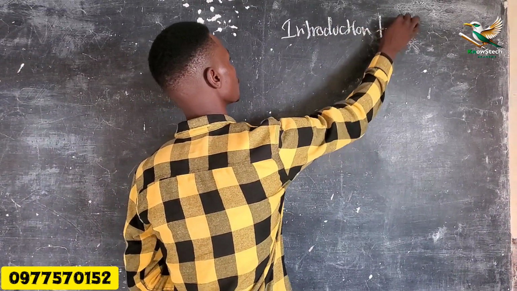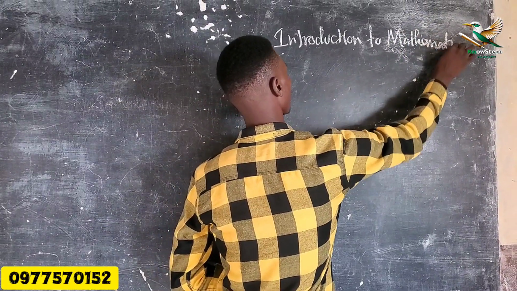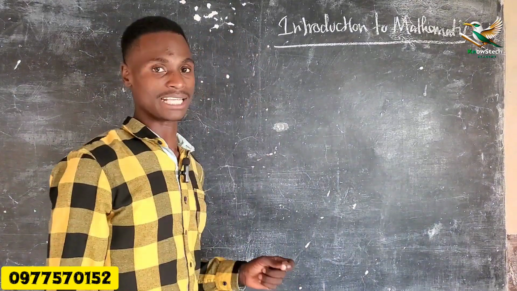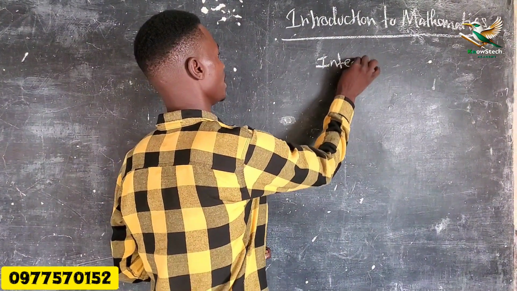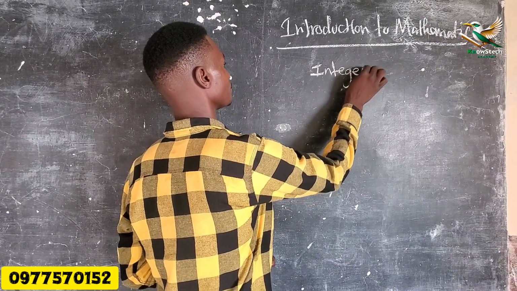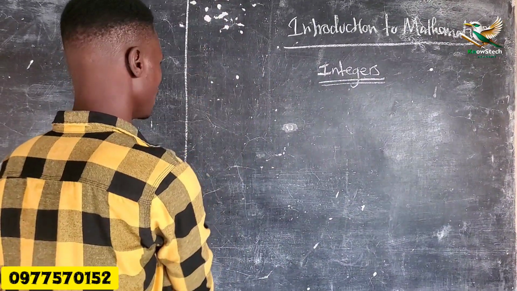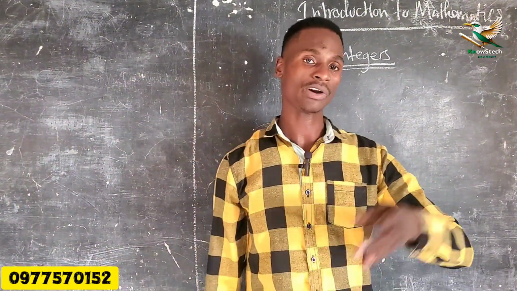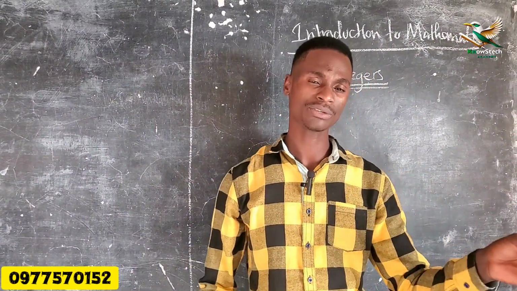Introduction to mathematics. Here, we look at integers. Under integers, we are going to look at the likes of positive and negative signs, because most of the students find it hard to differentiate between positive and negative.